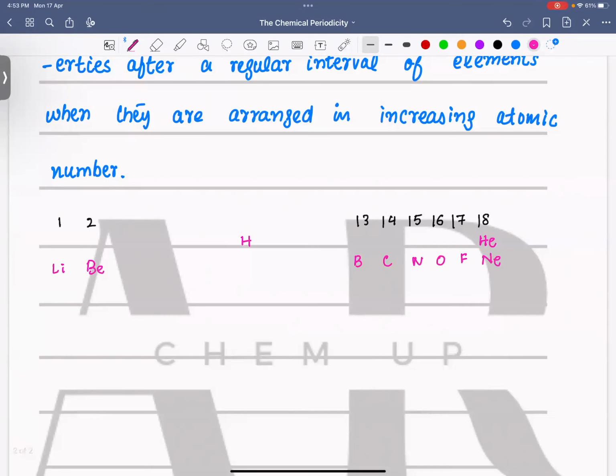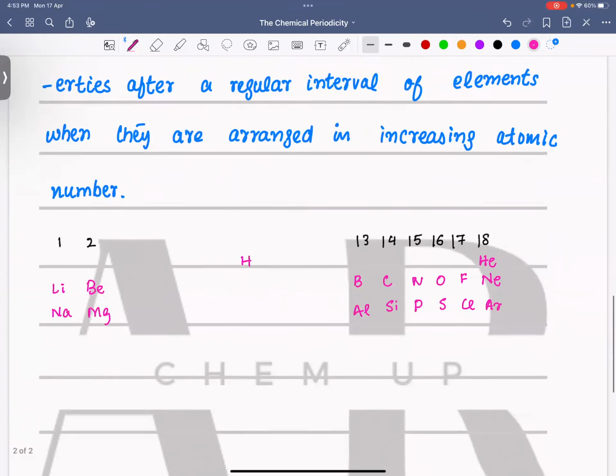And right after them, we have sodium, that's the third period, magnesium, aluminium, silicon, phosphorus, sulfur, chlorine, and argon, right?